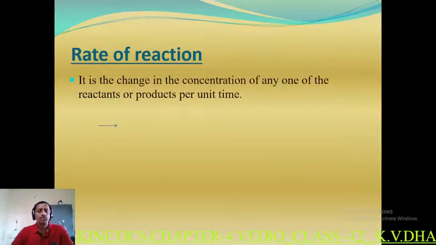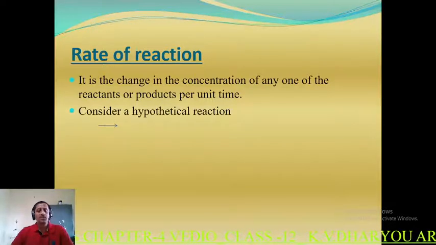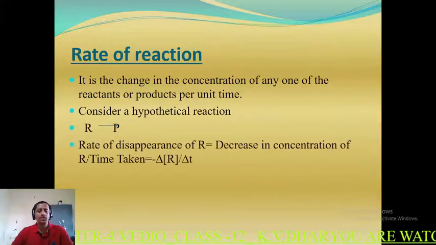Rate of reaction is the change in concentration of any one of the reactant or product per unit time. Consider a hypothetical reaction where reactant R gets converted into product P. In this reaction, the rate of disappearance of R is equal to the rate of decrease in concentration of reactant per unit time.